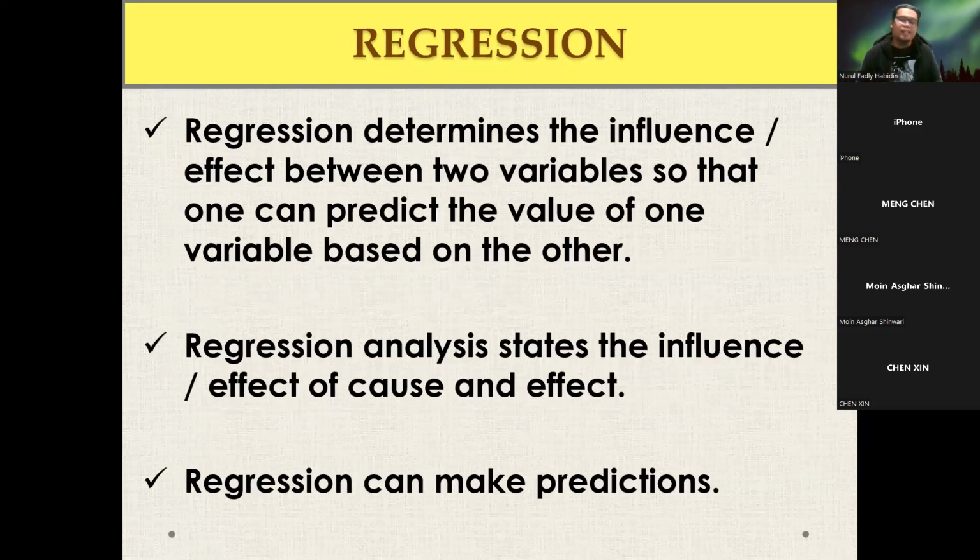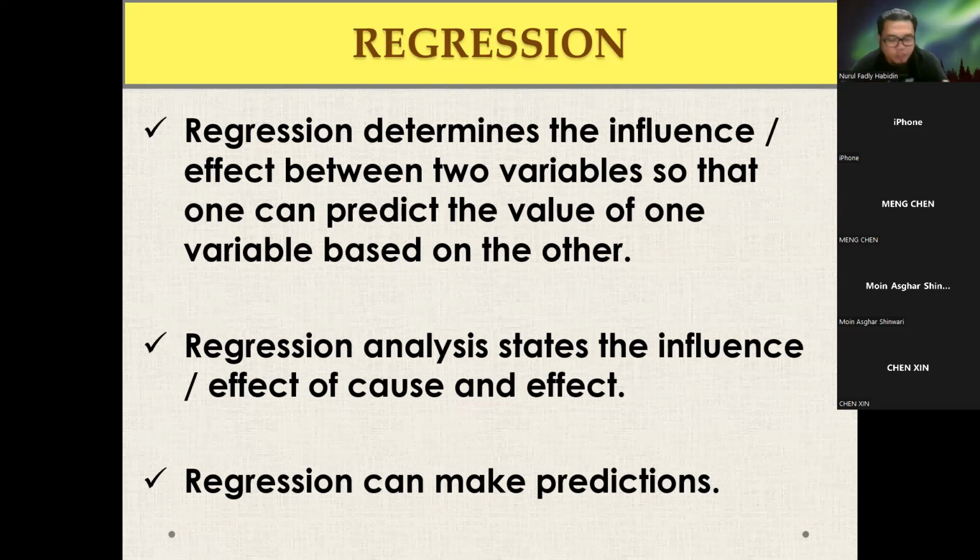Okay, next is regression. So regression can predict. That is the difference between correlation and regression: regression can make predictions. We have the R-square value, which tells how far your independent variable can influence the dependent variable.